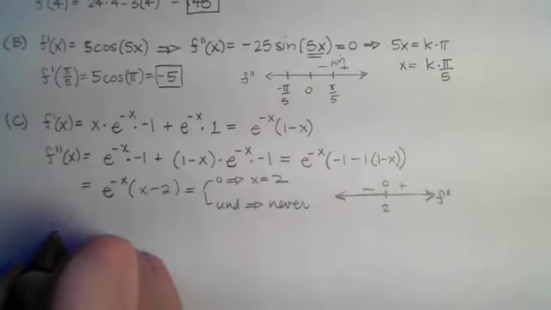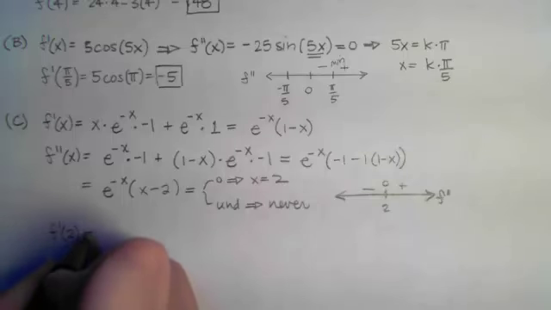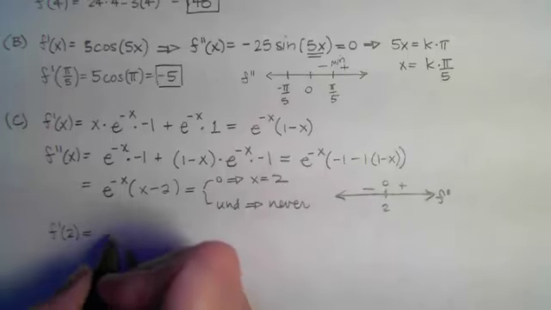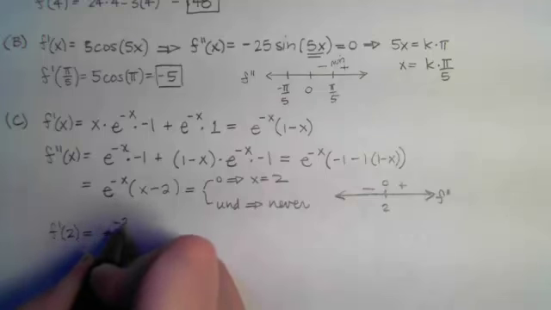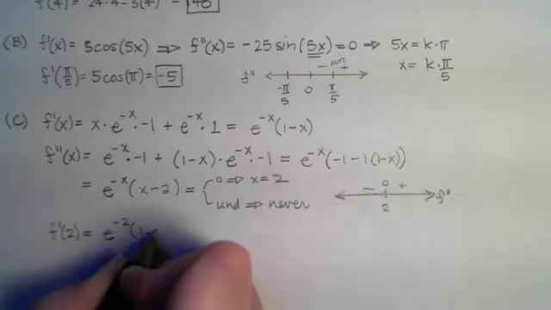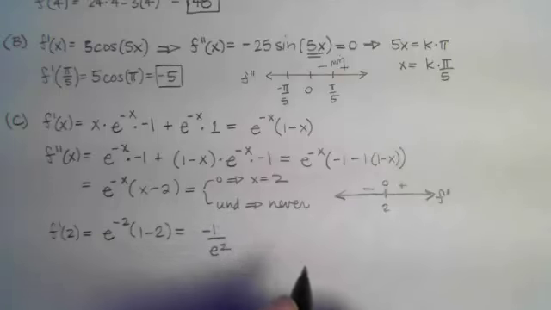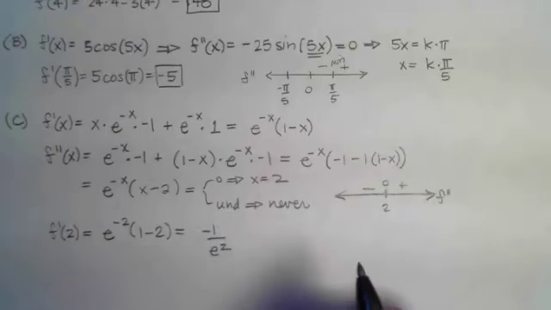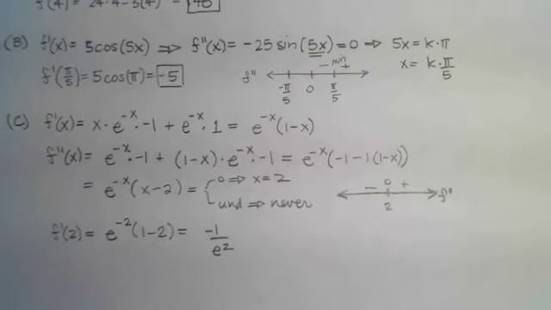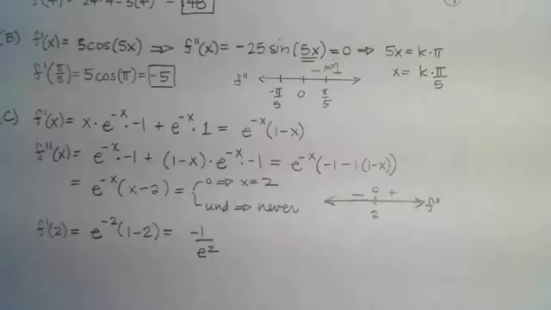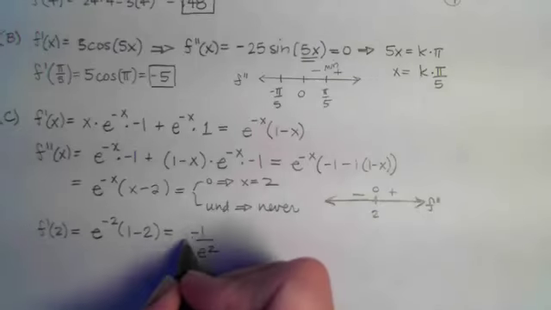So I'm going to evaluate the derivative at 2. So I plug 2 in, I get e to the negative 2 times 1 minus 2. That is negative 1 over e squared. It looks like I left it like that, so we're good at this.